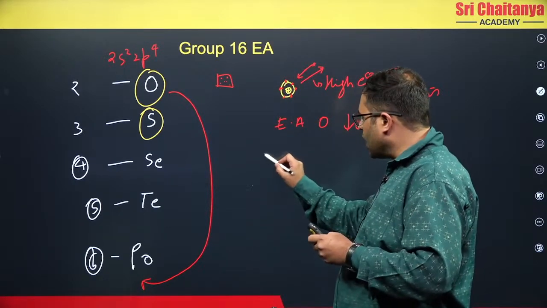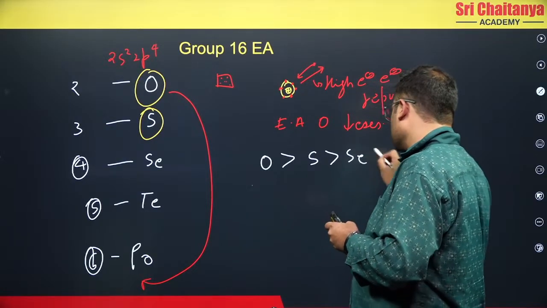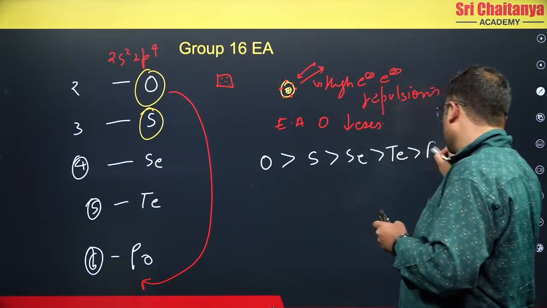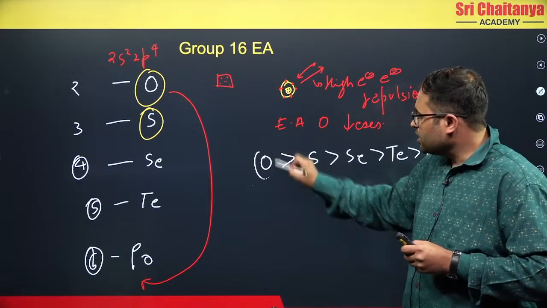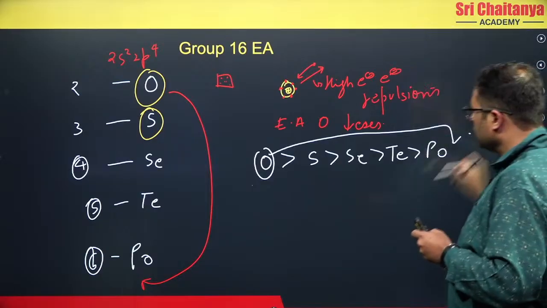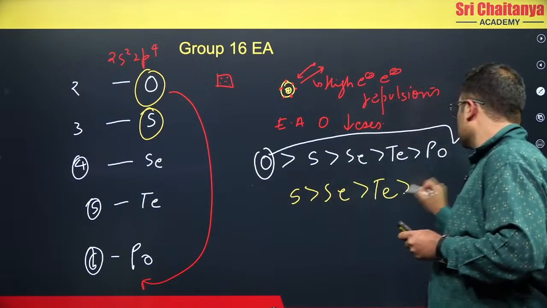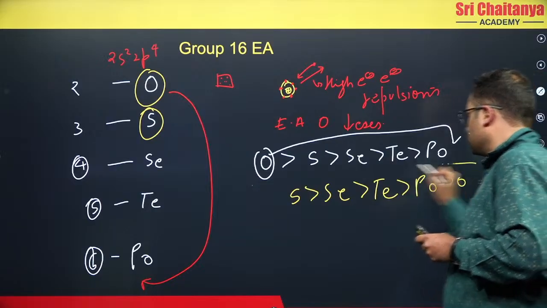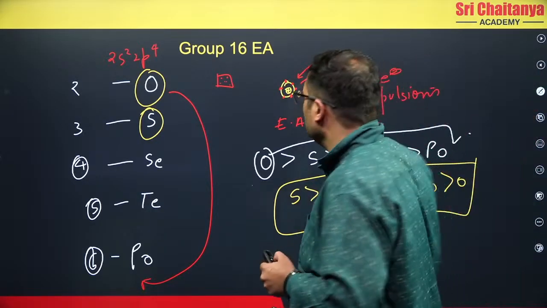Normally oxygen should come somewhere here like this, but because of this it is shifted from here to here, and the order is this. This is the actual electron affinity order for this group.